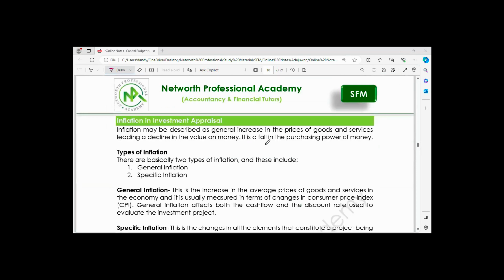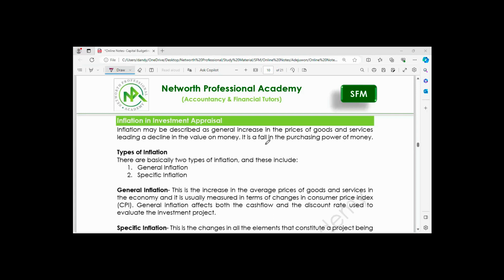All right, thank you. We are not going to be giving the definition of inflation. It's something you're already familiar with, and something you can read in your material. But what is important is that when a company wants to execute a project, it is important to take into consideration all the variables that may impact the project under consideration.